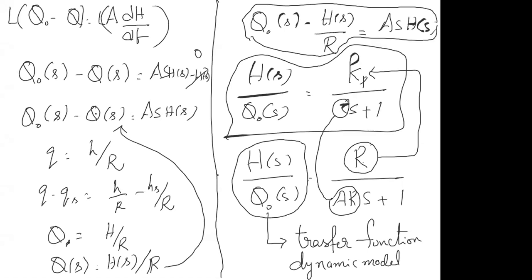Tau is AR, Kp is R. What is H of S? Q of S is the Laplace transform of inlet flow rate. When I apply the Laplace transform, the Laplace transform of Q naught is Q naught of S, and the Laplace transform of Q is Q of S.